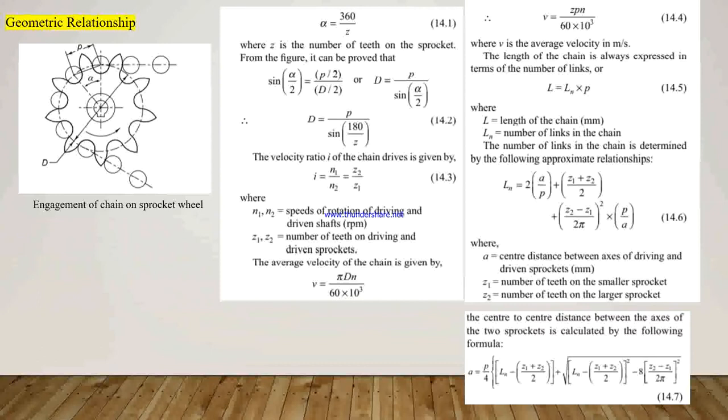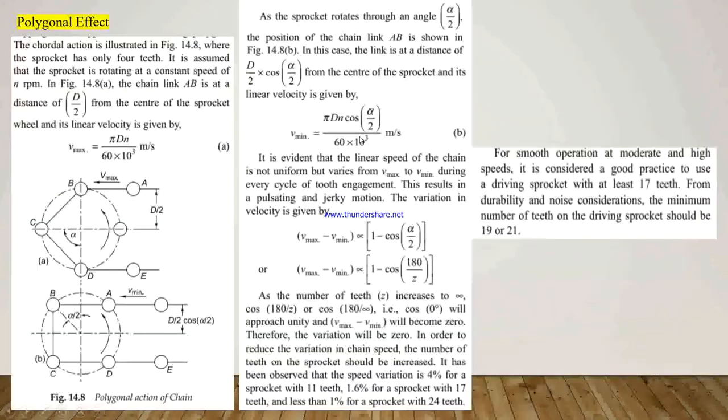Here alpha is the pitch angle, that is 360 divided by z, where z is the number of teeth on the sprocket. From the figure it can be proved that D is equal to P divided by sine(180 divided by Z).